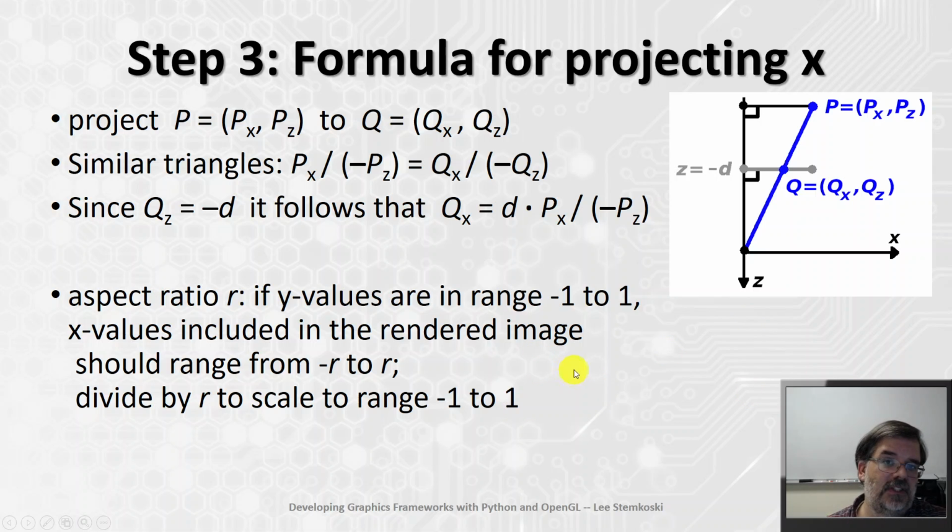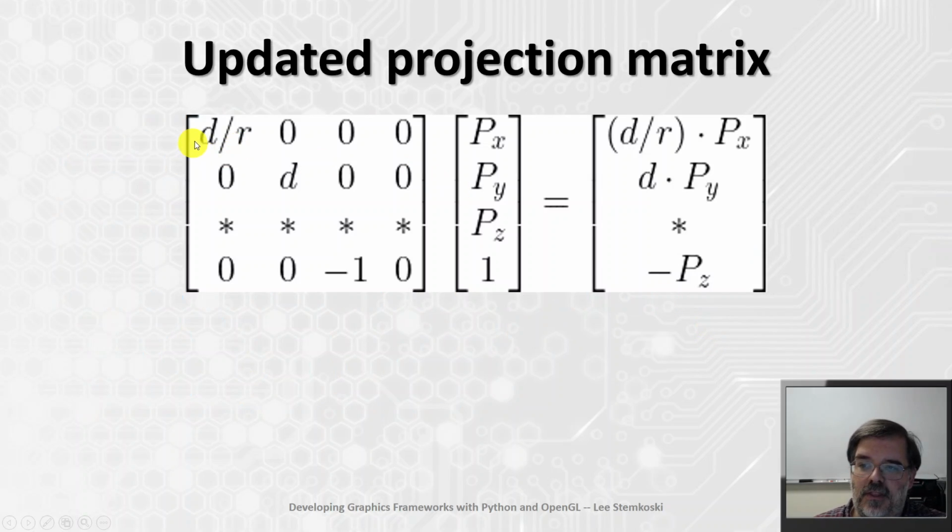Right? And so this tells us what we need to do with the next part of the projection matrix. We can actually fill in the first row now. Right? The first row looks a lot like the second row, because it's translating the x coordinate in a very similar way, except we have that extra division by r.